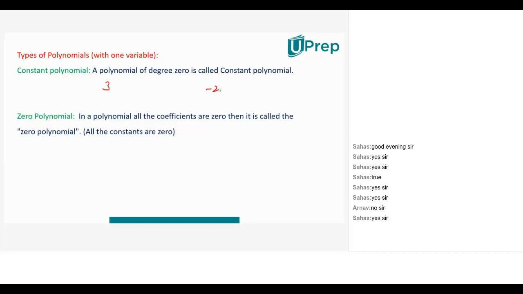Your answer is right, but what I want is how you reached the conclusion. Sir, 2y. 2y is a term, but it's not a constant polynomial because y is present. Every real number is a constant polynomial, but every term need not be a constant polynomial. Every constant polynomial will have only one term, but everything that has one term need not be a constant polynomial.